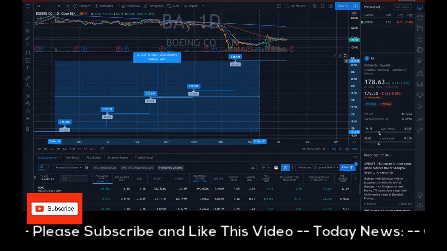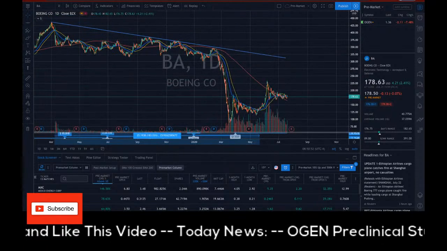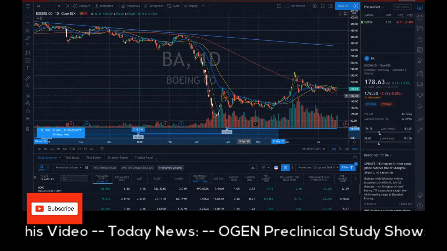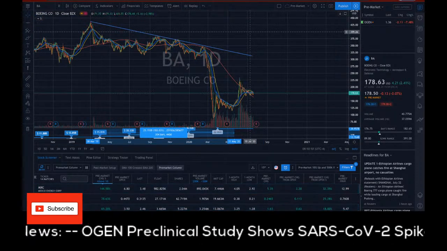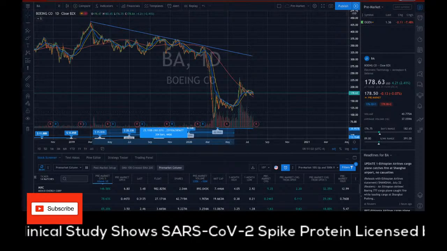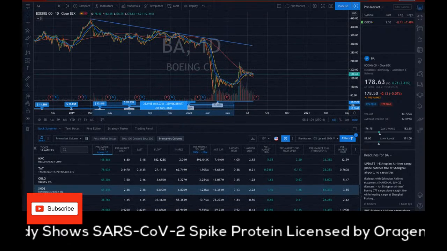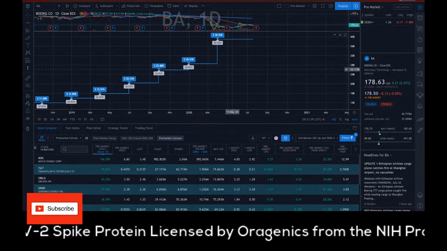They have 25 billion worth of debt. This data is actually good. If someone is expecting BA to bounce back and go back to 425 and buying options, you guys need to check this information. This is actually important.